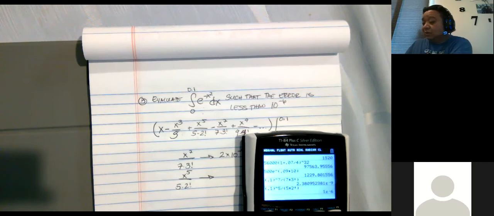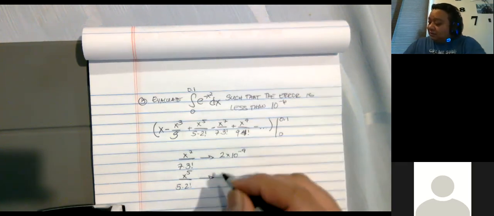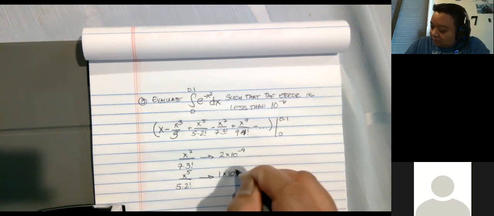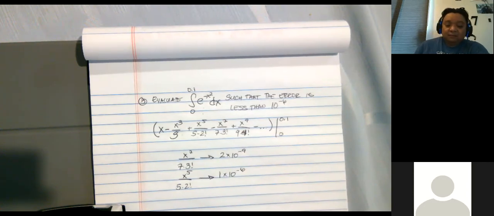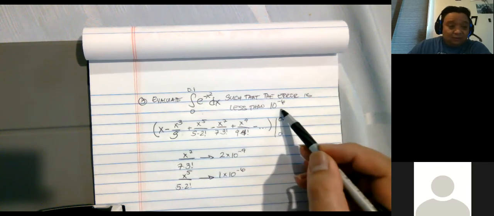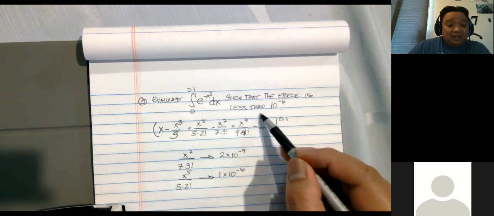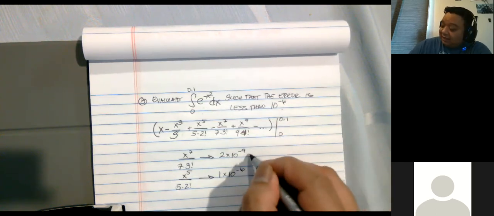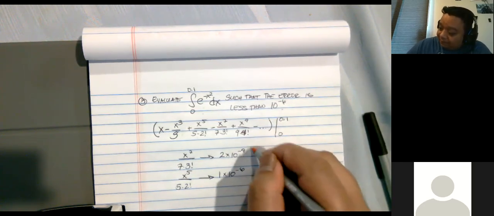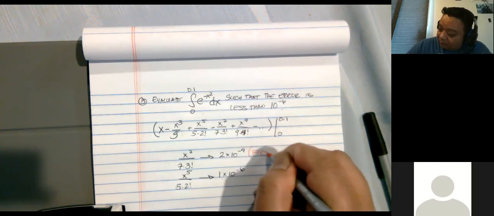So this one is 1 times 10 to the negative 6. Okay, which is equal to this one. Okay, so now since you want it to be strictly less than, then that means this is the first one you drop.